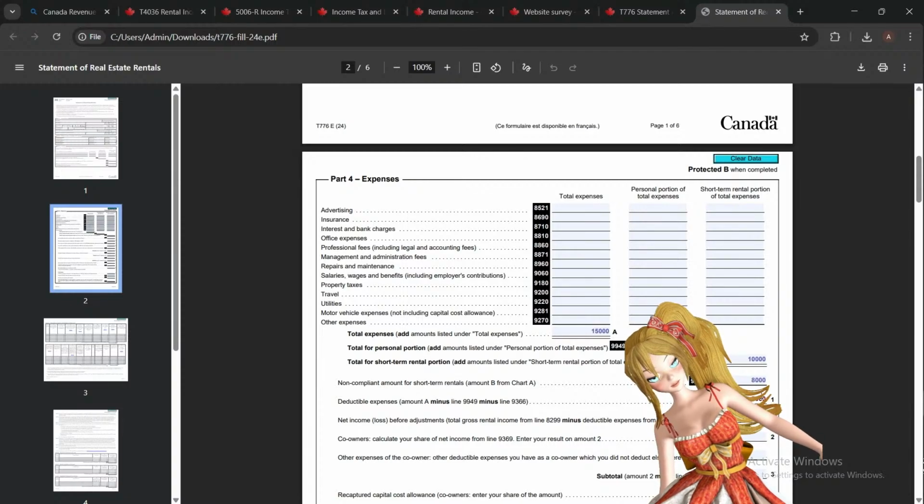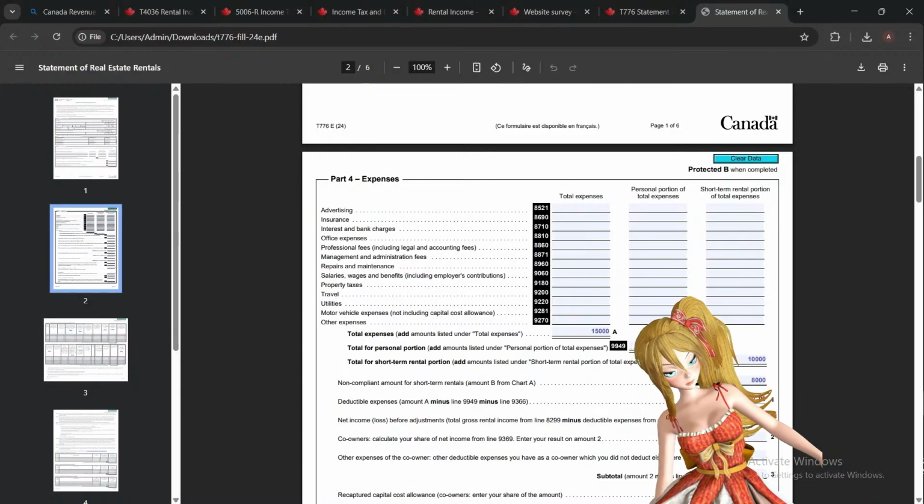Then the deductible is 15 minus 5 minus the amount they didn't pay. Okay, the deductible is 2,000.